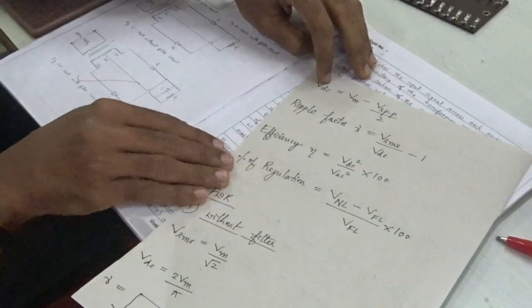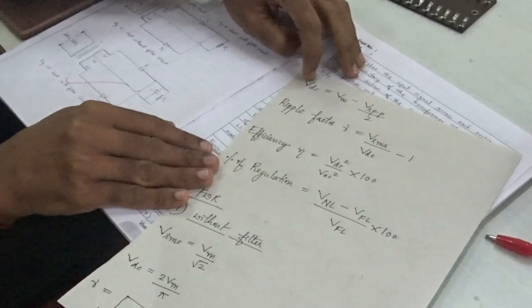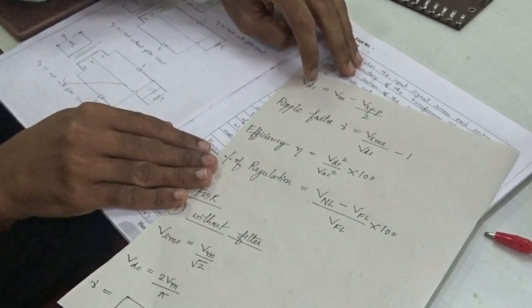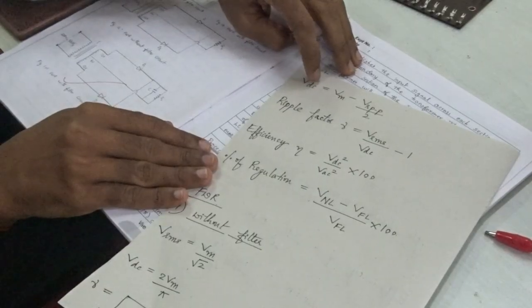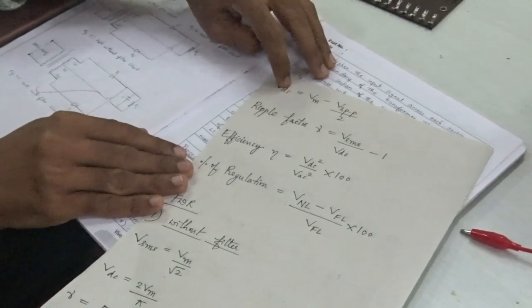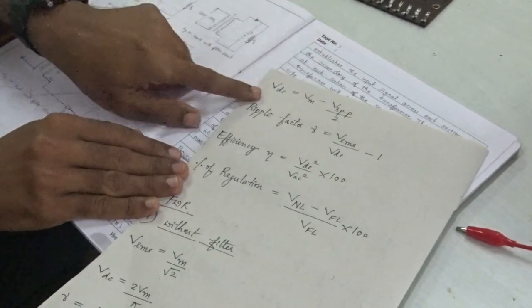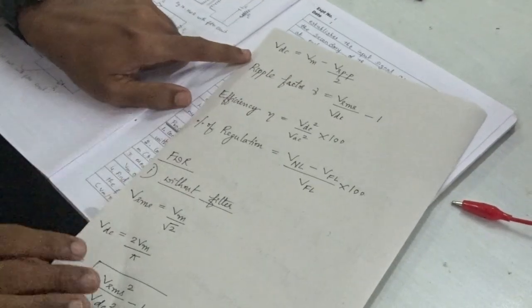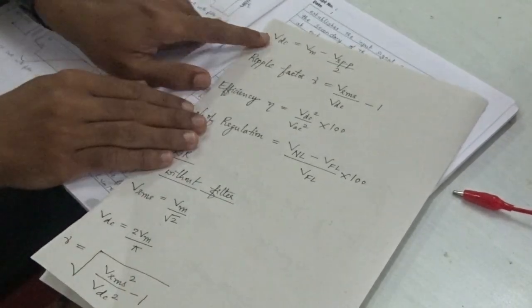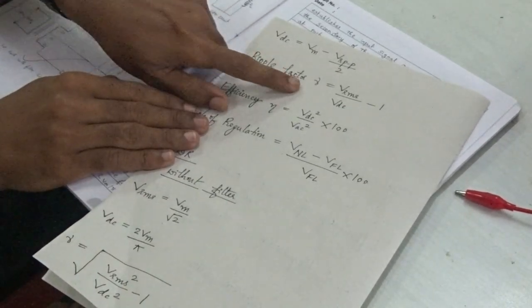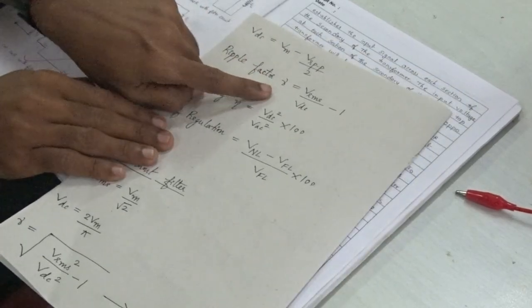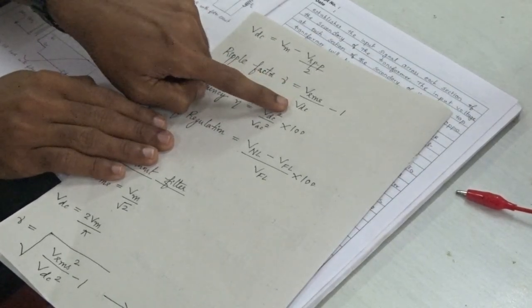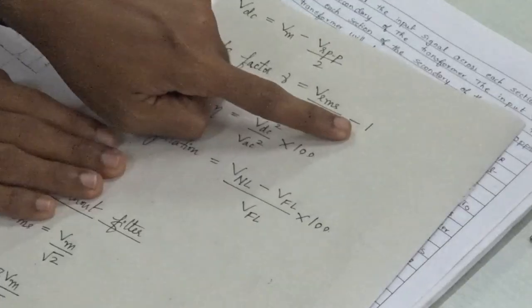This V suffix DC value is nothing but the full load voltage value also. Do remember that. Next, after finding out the VRMS value and V suffix DC value, find out the ripple factor using the formula: ripple factor is equal to square root of (VRMS divided by V suffix DC) whole square minus 1.